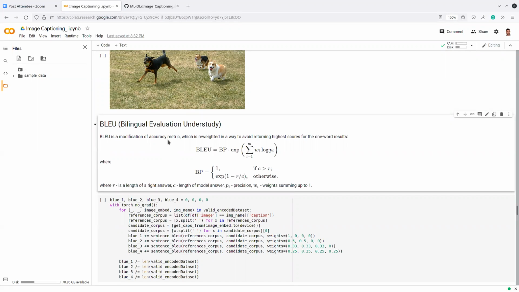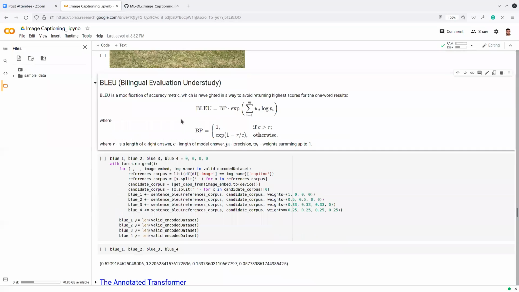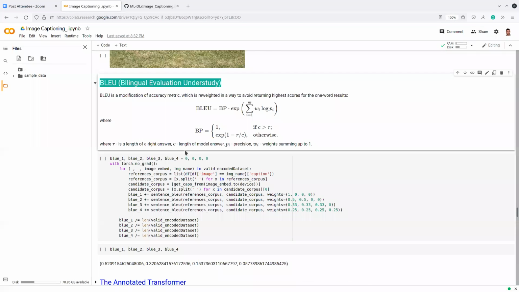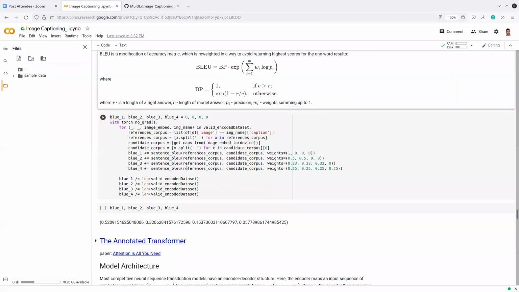From what I read in recent papers, it's the most common metric to use for image captioning. I know there are others like CIDEr and TF-IDF, but I think BLEU score gives us a good metric to measure our model.